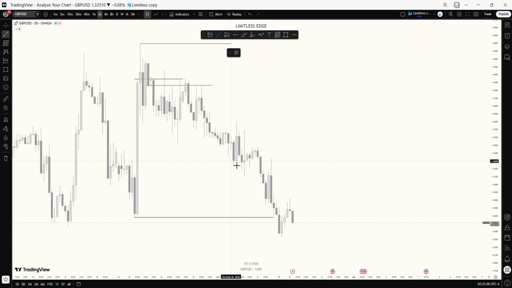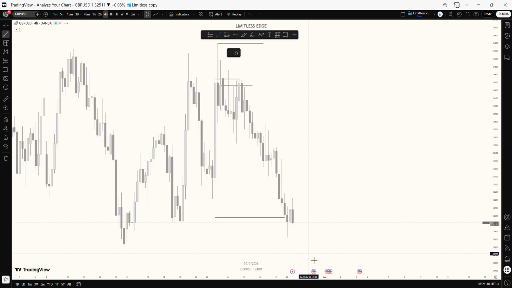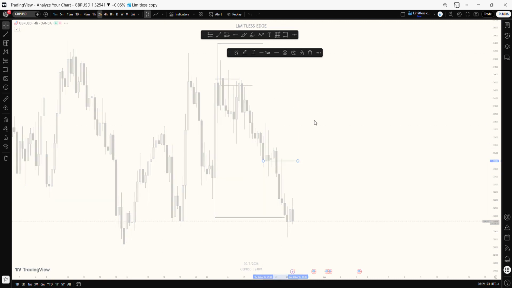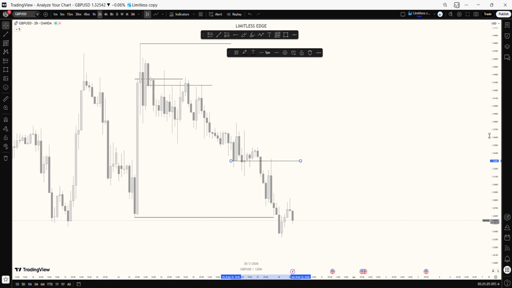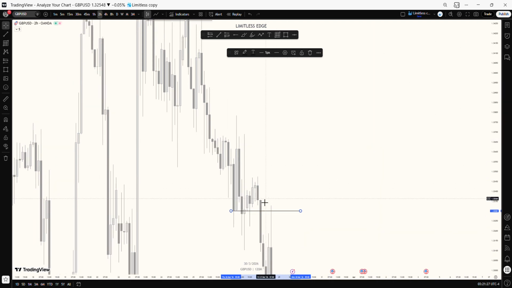Let me go to the 4 hour. It's more visible on the 4 hour. Yeah, at this breakout level, and on the 2 hour, you can just refine it like this.